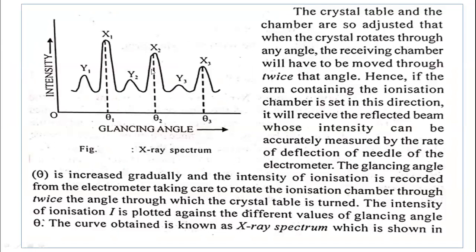Now if the beam of the X-ray is not homogeneous, then smaller peaks are also obtained here. In case of a heterogeneous X-ray beam, such smaller peaks, where the intensity will be less, are y1, y2, y3, and x1, x2, x3 are where the intensity of the ionization is greater.